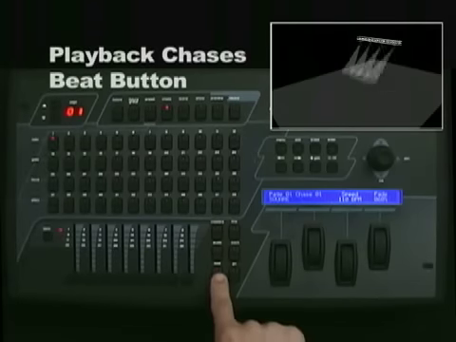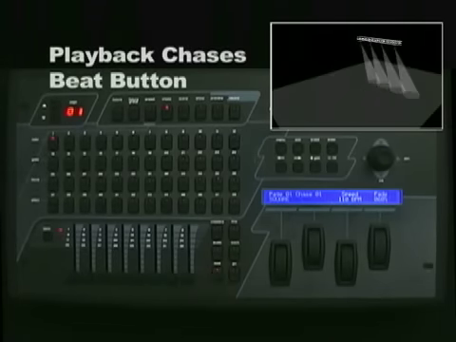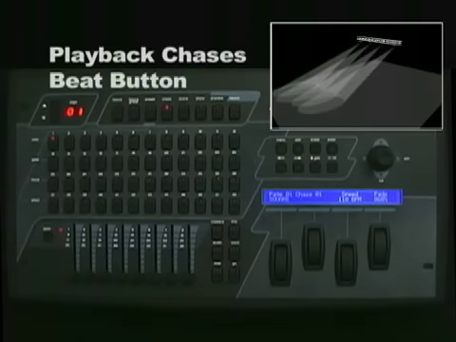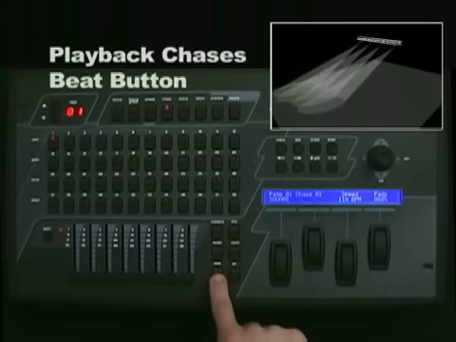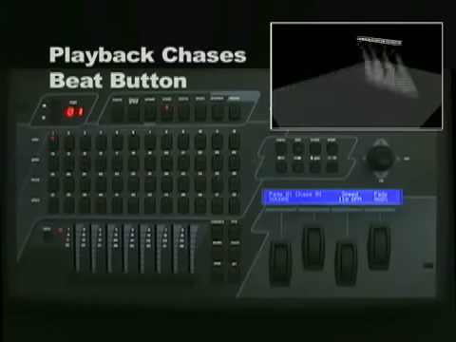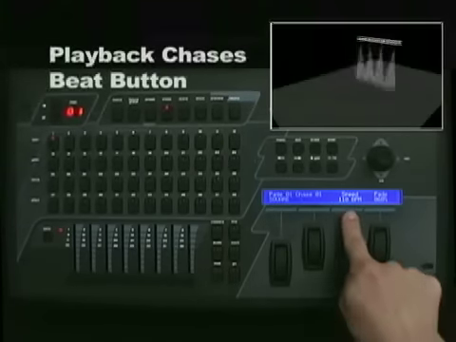An LED on the beat button indicates the chase tempo. To deactivate the beat button, press and hold it for 2 seconds, then release. The chase will then begin to run at its default chase speeds.